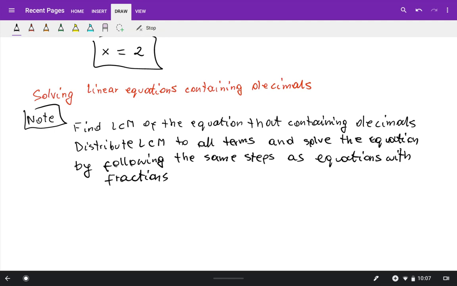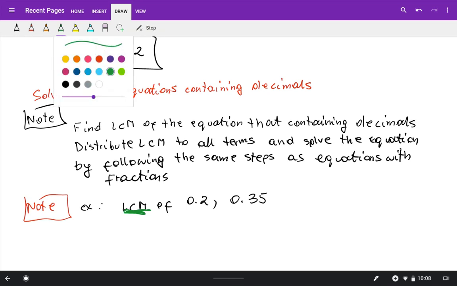So another note: when you guys have decimals, and you have to find, so this is just an example, the LCM of, let's say, 0.2 and 0.35, okay? So the LCM, lowest common multiple, of equations with decimals is always a multiple of 10.